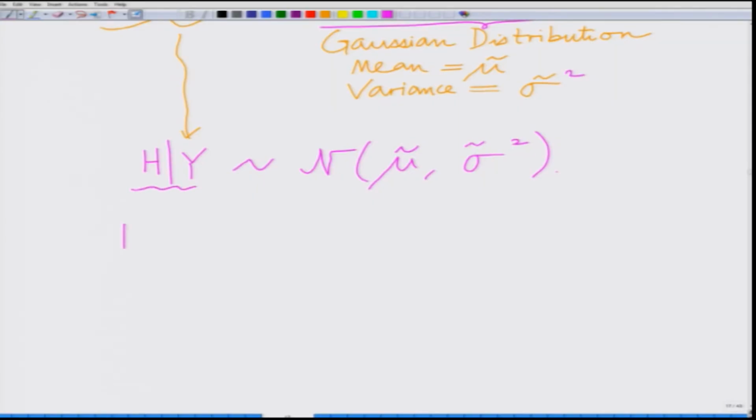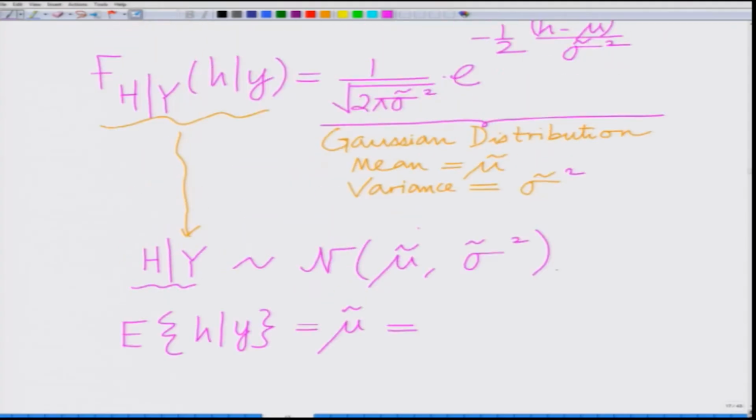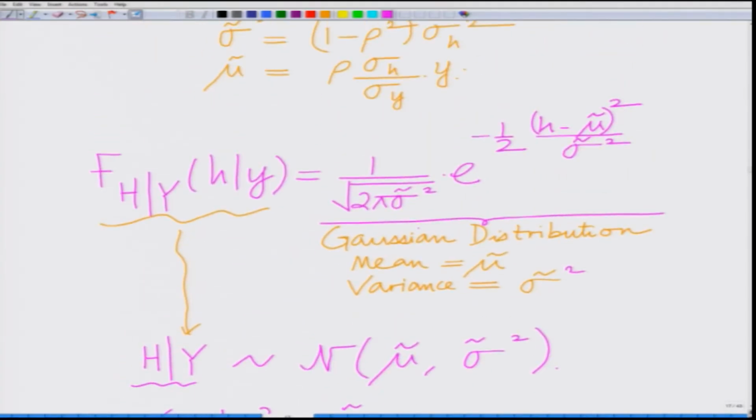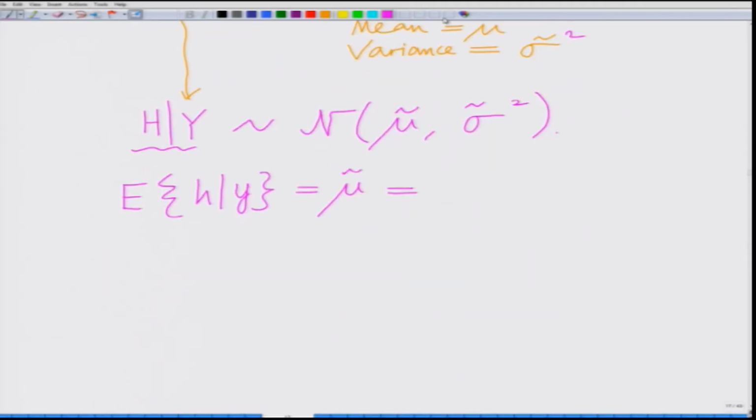Now, you can see the expected value of h given y equals mu tilde, which is nothing but rho sigma h over sigma y times y.